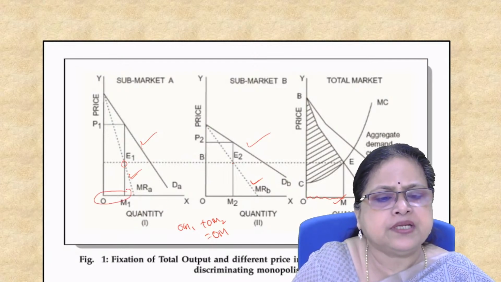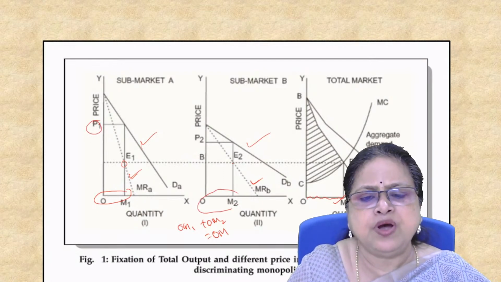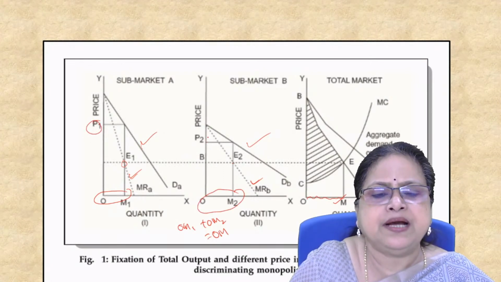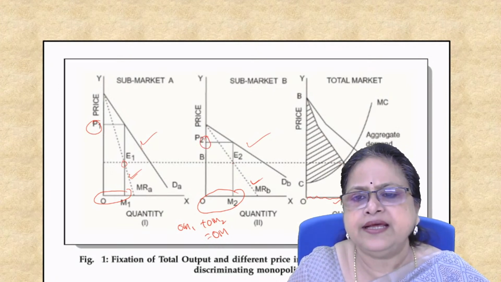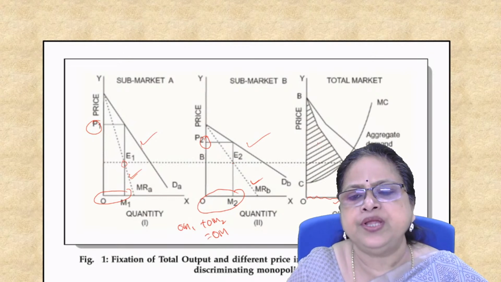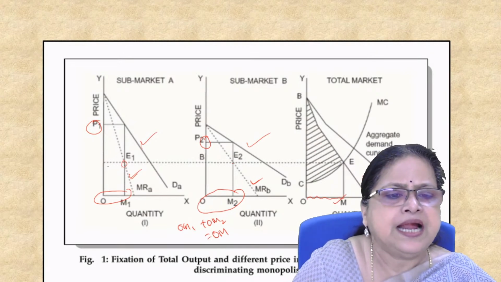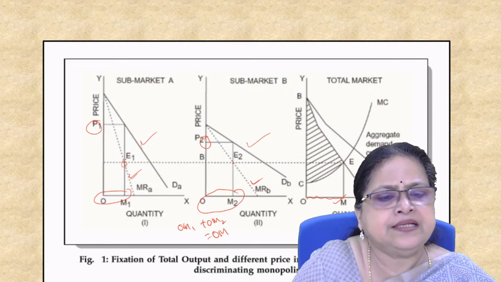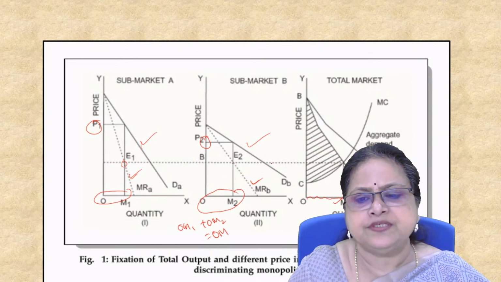OM1 amount of product is sold in market 1 at a higher price, and OM2 amount of product is sold in market 2 at a lower price, and the entire thing is going to the producer. At this price, consumer surplus is reduced.